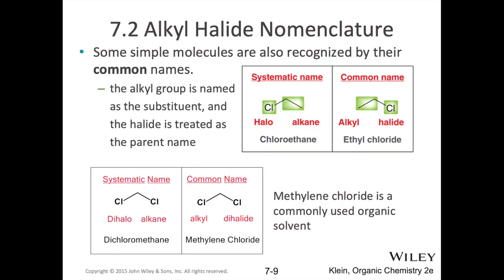So we take that root word telling us the number of carbons, in this case eth for 2 carbons, and we add a YL suffix to it. So this becomes ethyl chloride. Now notice the space between the alkyl group and that chloride ending, unlike our IUPAC nomenclature, which doesn't have any spaces.